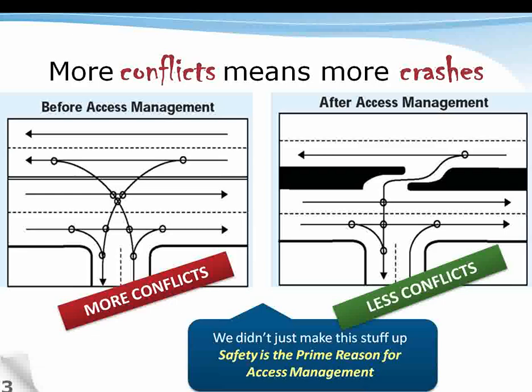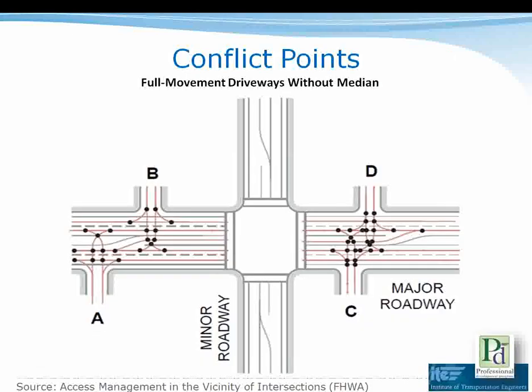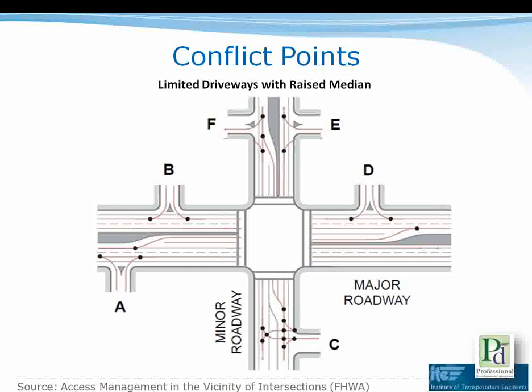The less opportunity for collision usually means there will be fewer crashes. Safety is the primary reason for good access management. This is another way of showing the number of conflict points in an unrestricted driveway. And by having restrictive medians, you can see the number of conflict points is greatly reduced.